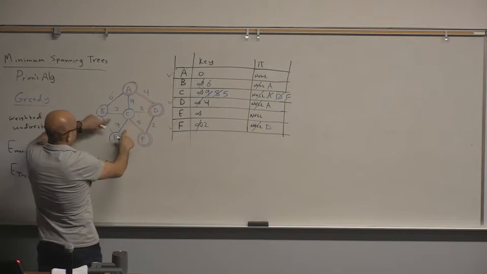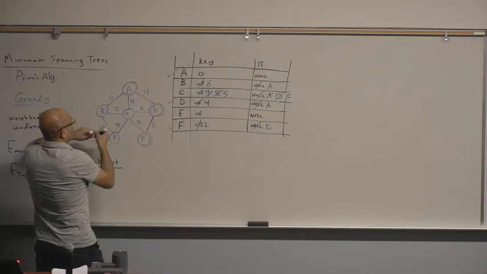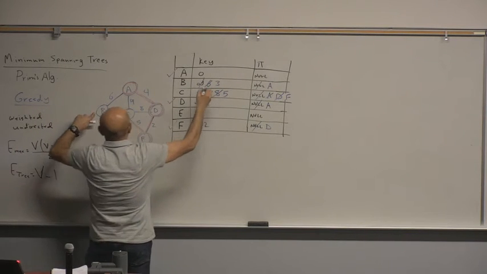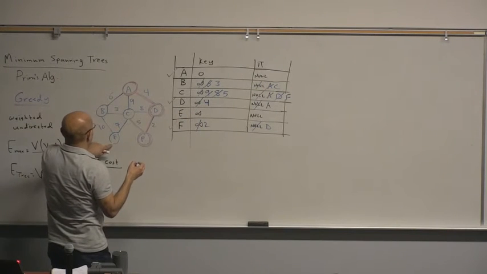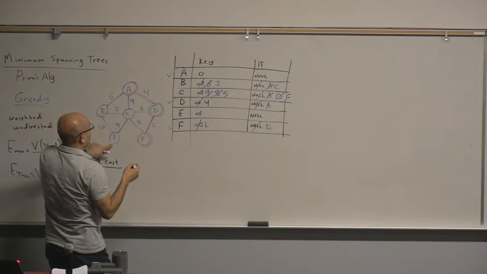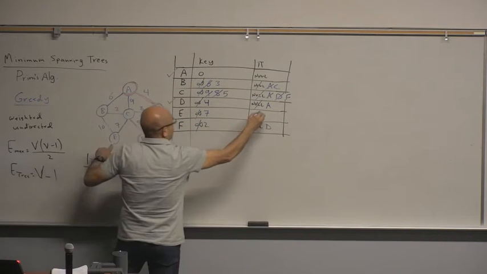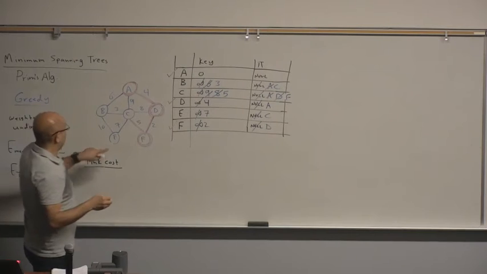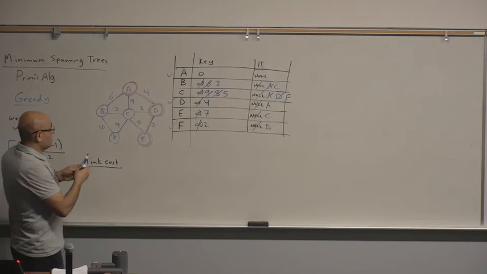I only update B and E. So B will get updated to 3, and the parent is C, and E will get updated to 7, with the parent being C. Okay. Now C is done.